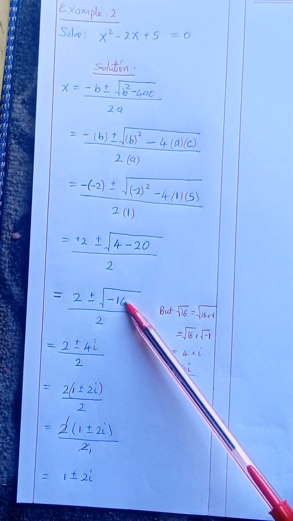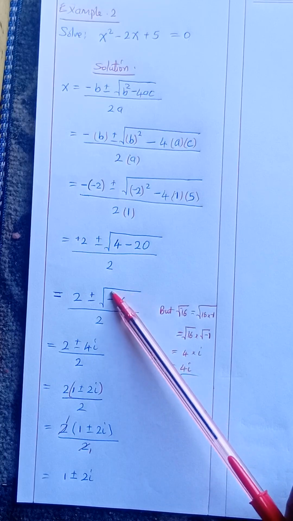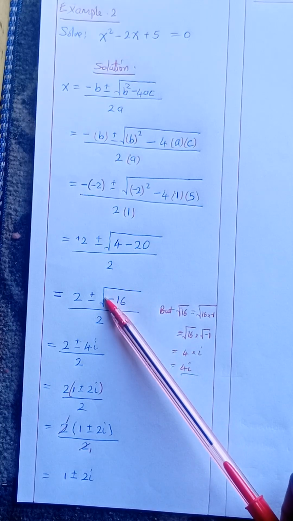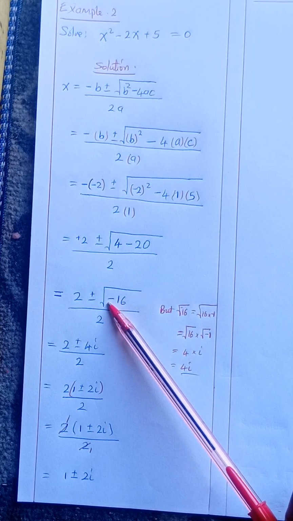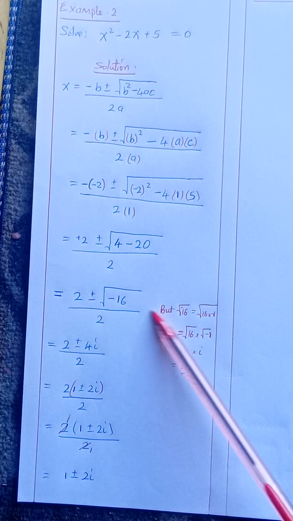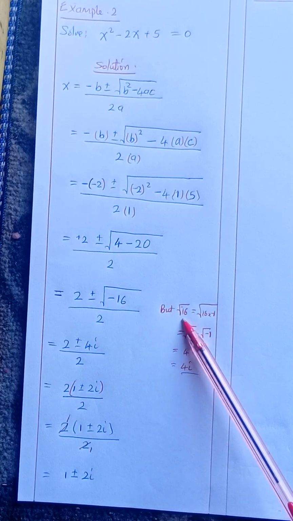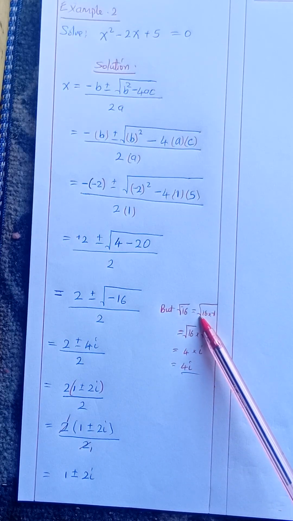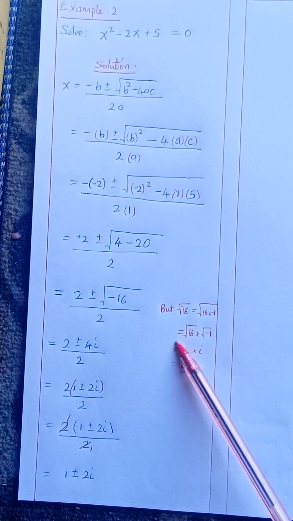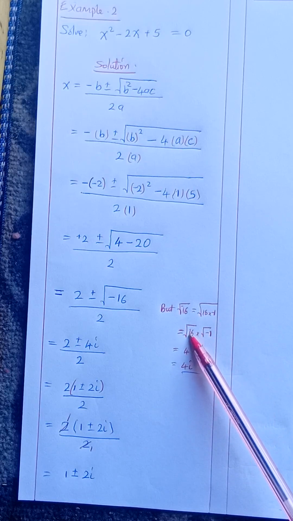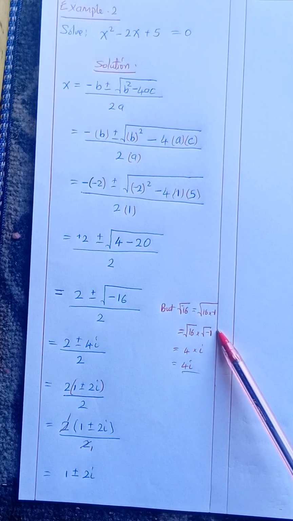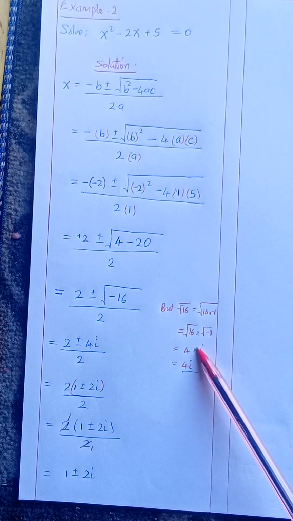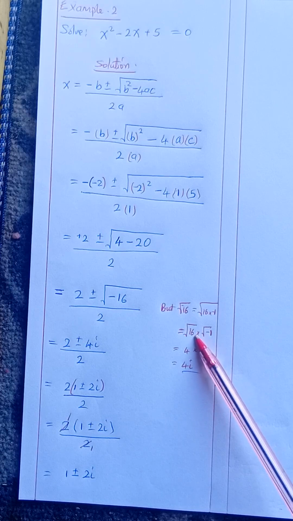But as I previously demonstrated in example 1, getting the square root of a negative number is now easy. So let us get the square root of negative 16. We can say that the square root of negative 16 is the same as the square root of 16 times negative 1, which gives us the square root of 16 times the square root of negative 1. But the square root of negative 1 is i, and the square root of 16 is 4.